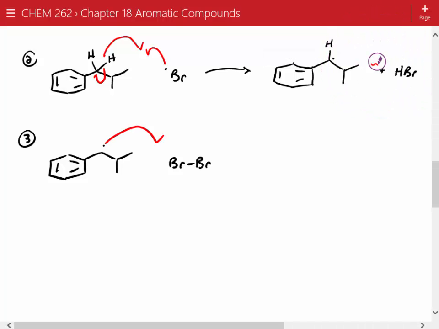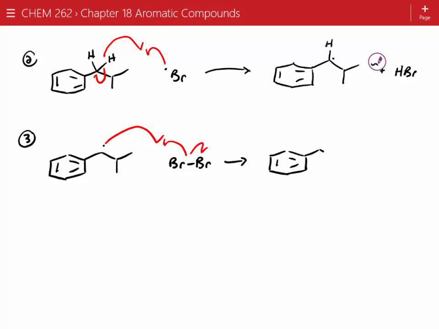So this radical will come over, this radical will go there, and then we'll recreate our bromide radical. So I'll do Br plus enantiomer because we know it can react from either position.